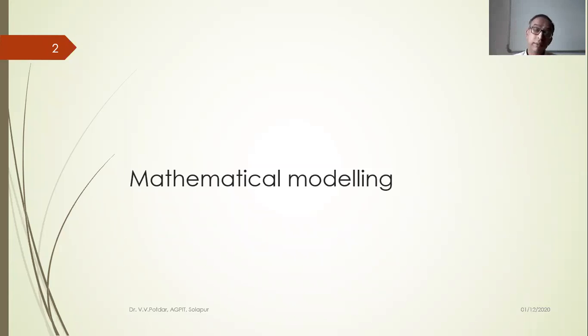Now, if I'm going to mathematically model this carburetor, what am I going to do? At what mass flow rate of air, at what mass flow rate of fuel, at what suction pressure, will I be getting this much mixture ratio?